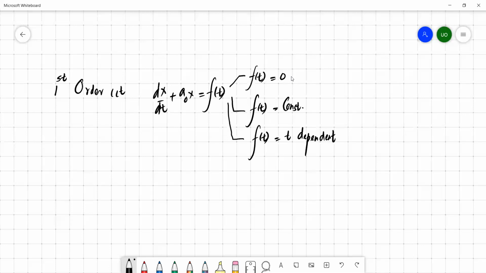If it is a sinusoidal or cosine function, we can simply replace it with a more generic form, a cos omega t plus b sin omega t. If it is exponential, we can propose a trial solution like a constant times e to the power st. So depending on the form of f(t), we can evaluate the forced response. So this is the time domain approach.